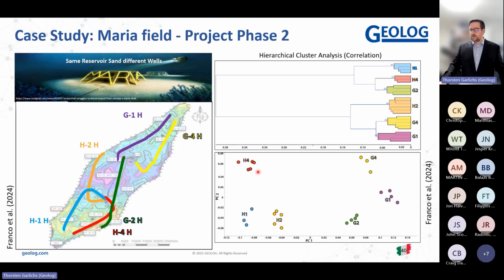And here we have H4, H1, the southern part, the middle part H2. The G2 is lying below here in the H4 area, and the northern part G1 and G4. Also from the hierarchical clustering, you see there is a good and clear separation between the samples. So again, we can separate all the samples from each other.